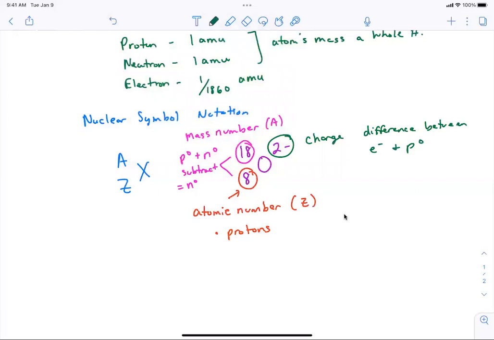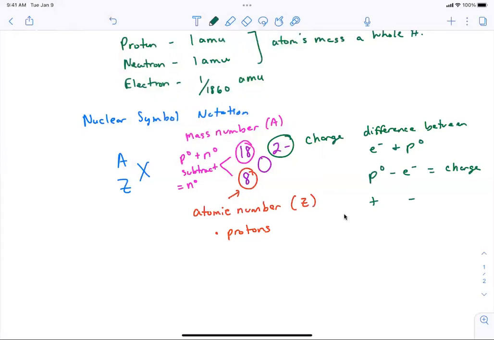And so if you want an equation to think about, I would say this: the protons minus the electrons equals the charge. Because remember, protons are positive, electrons are negative. So therefore, if you have more electrons, you'll get a negative number. If you have more protons, you'll get a more positive number.